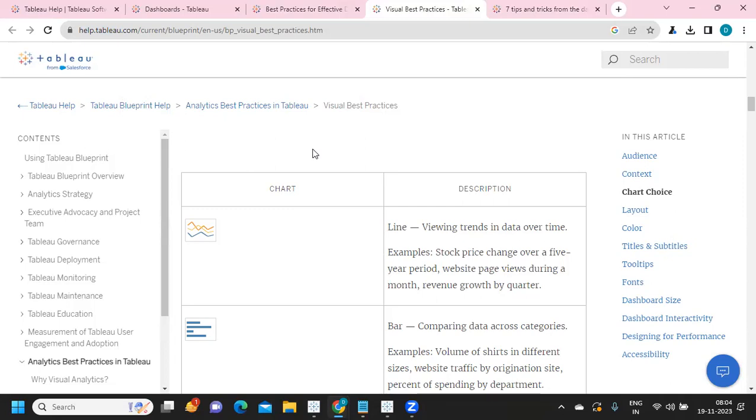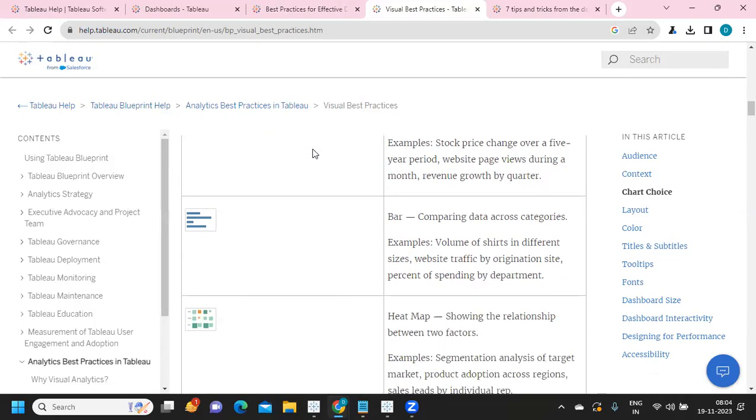Okay, so next is the bar chart. If you are trying to compare values across categories, like you have subcategory items, region wise sales, category items, here you are trying to compare how they have fared across them. In this situation, a very ideal chart that comes into everyone's mind is a bar chart.